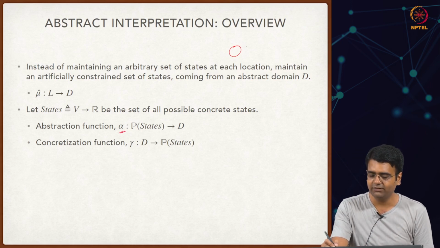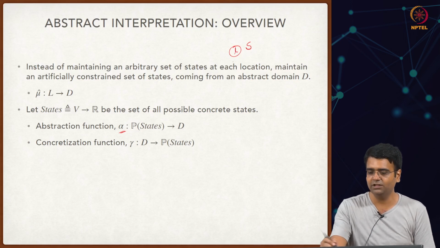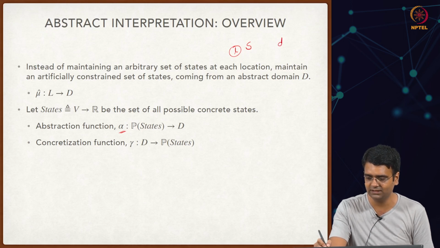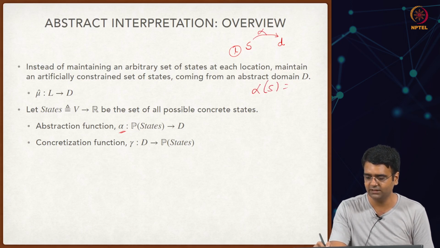If I have some set of states S which are reachable at this location L, but I cannot compute this set S because it may be infinite, and it may take a non-terminating execution to actually compute it, then I abstract it out with an element of the abstract domain, let's say D. The relationship between S and D is computed through the abstraction function alpha. So alpha of S gives me D.